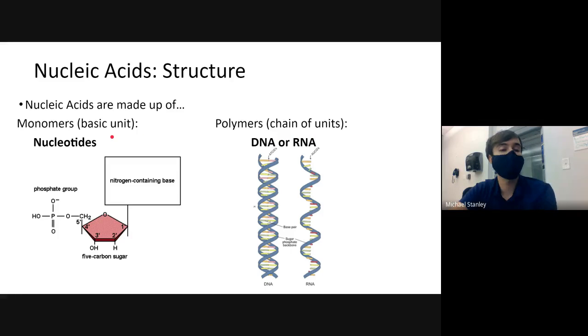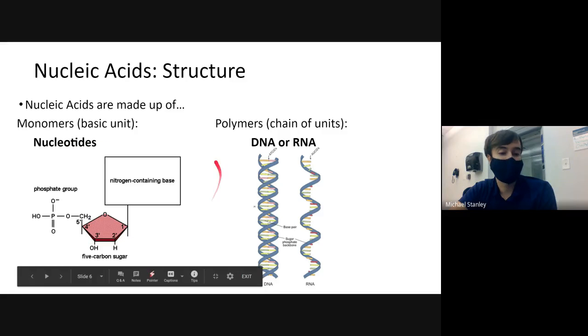So the main thing to know here is that this DNA or this RNA is built out of thousands and thousands, if not millions, of these nucleotides all stacked up one after the other.